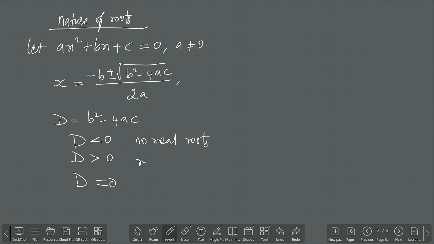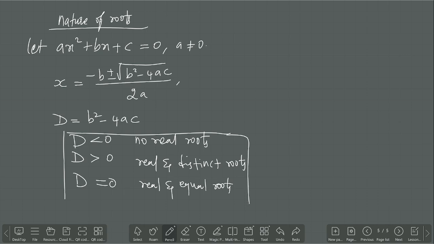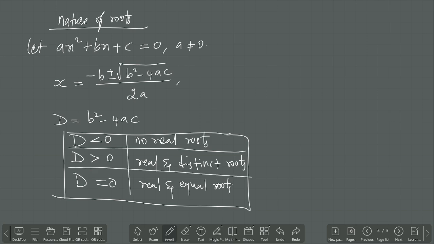Here, real and distinct roots are different roots or unequal roots. I am writing distinct roots. And this will be real and equal roots. You just put a box for this and write: this is nature of roots, important three things. Based on these three only we are going to solve.